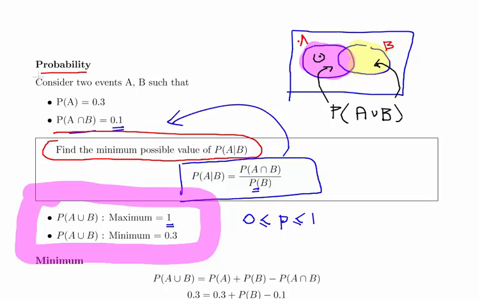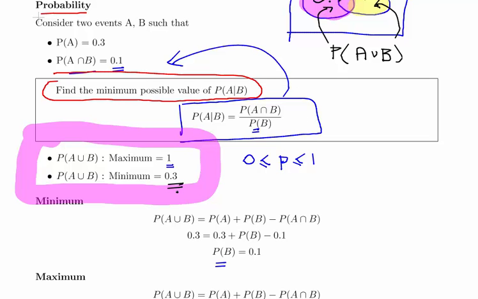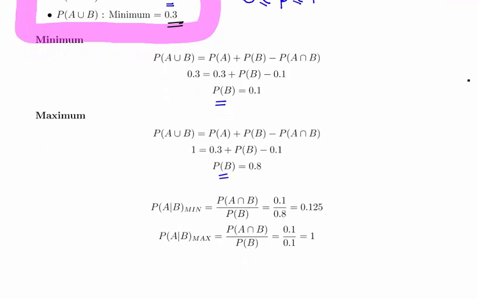Now, we're told that the probability of A is 0.3, so the shaded region must have at least a probability of 0.3. The rest of it could be 0, or it could be 0.7. But that means that the minimum possible value of A union B is 0.3.